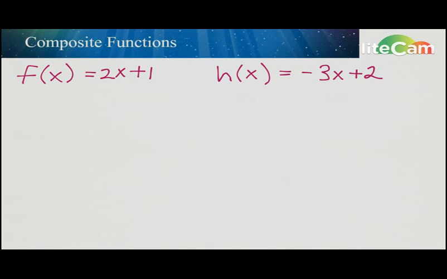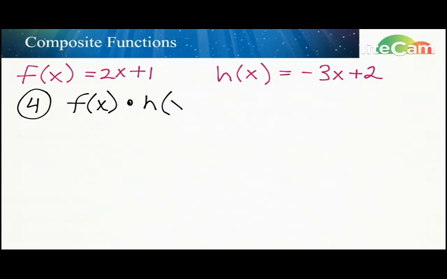Okay, number 4 of your assignment. Let's work with some different operations. What if you had f of x times h of x? It's going to work the same way as the previous problem.